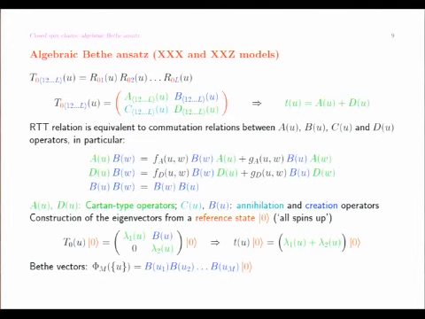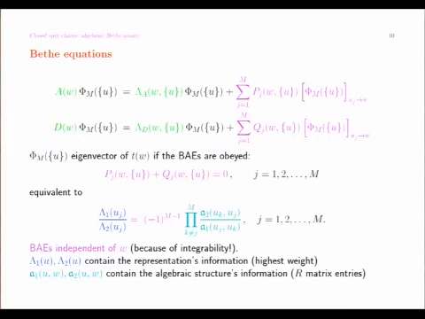And then we just act with the B operators on this reference state to build eigenvectors of the transfer matrix. So we start with what is called a Bethe vector, a series of B's acting on this reference state. And then we compute the action of the A and D operators on this state.